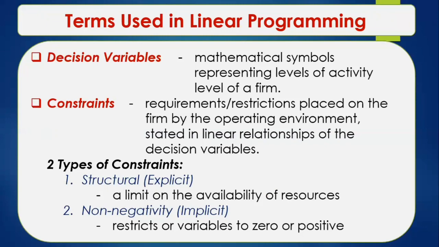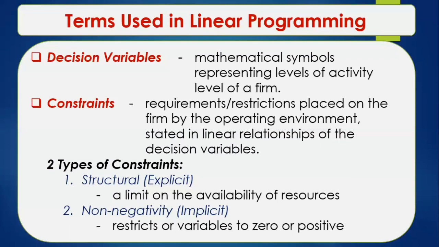So it can be the variables A and B. It can be the variables x and y, or it can be x sub 1, x sub 2, or y sub 1, y sub 2, okay? These are mathematical symbols.